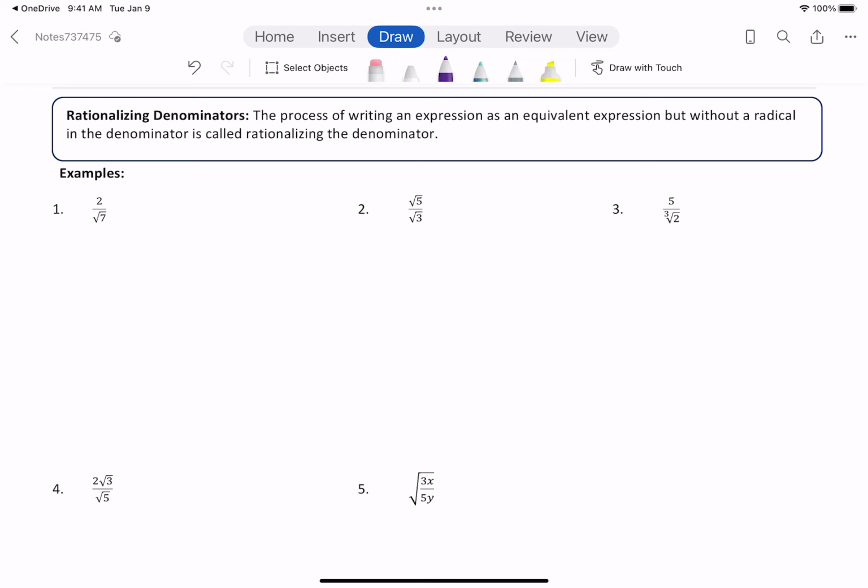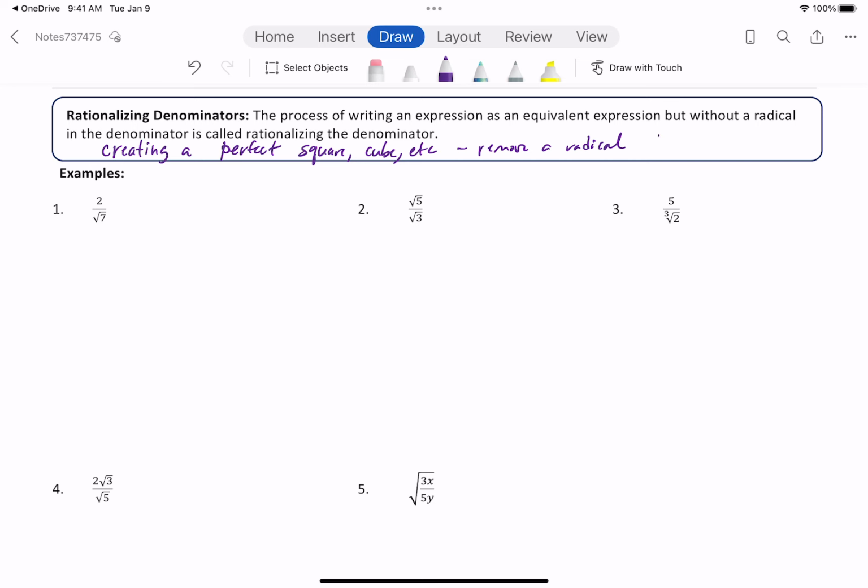And what we're looking to do is what I mentioned earlier in the video: what makes a root lift or go away is when we know how to evaluate it. So by creating a perfect square, cube, whatever it is we need, it will remove a radical.